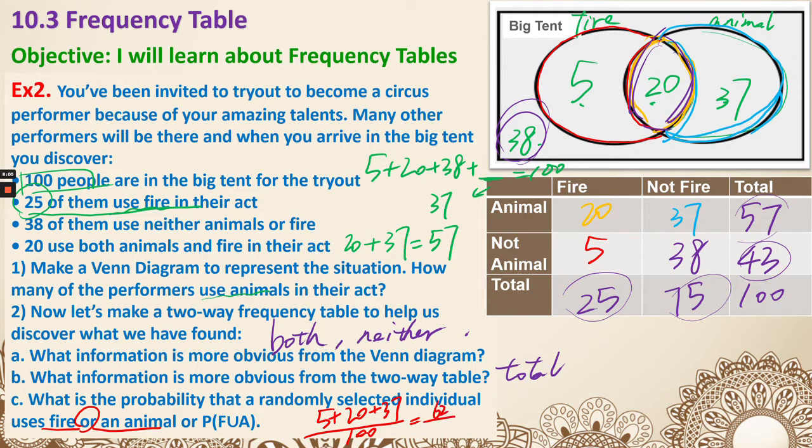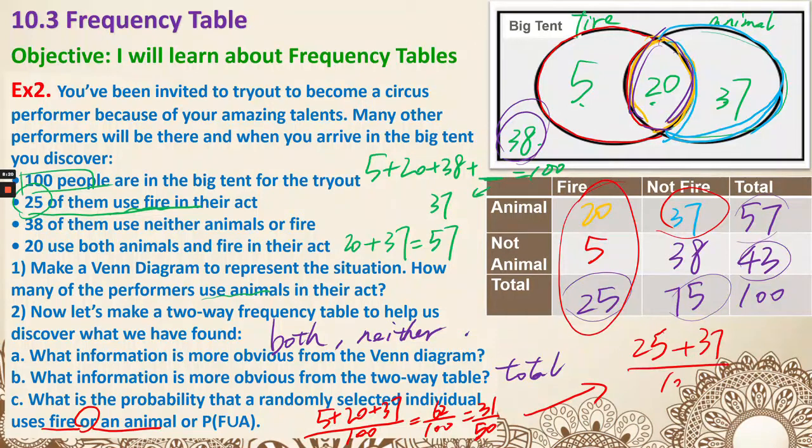That's 62 out of 100, which simplifies to 31 over 50. You can also think of it as, well, I'm counting the fire, which is right here, so 25, but I still need the other animal that's not included in the fire, which is right here. So plus 37 over 100, that still gives us 31 over 50. That's example 2.